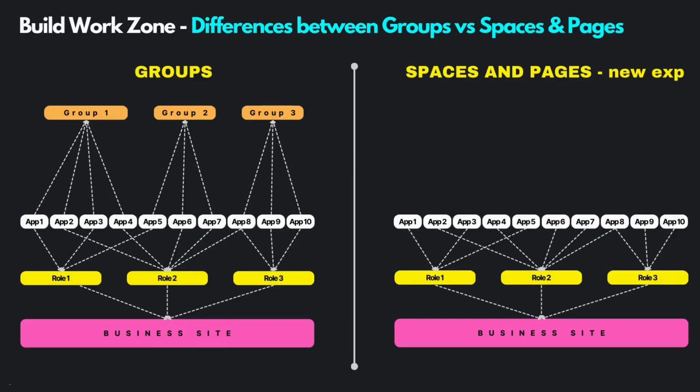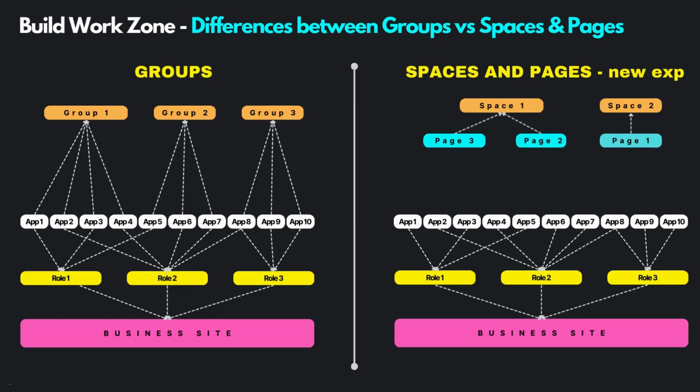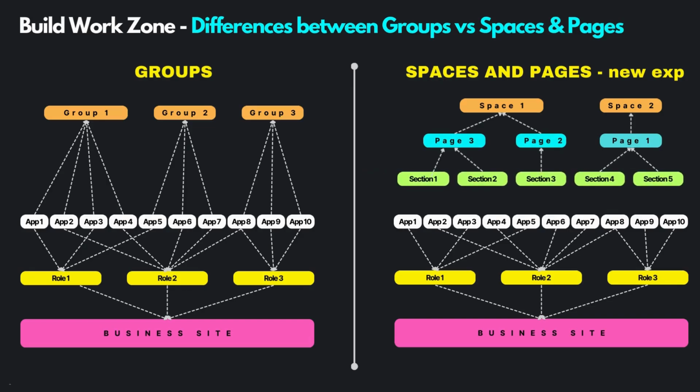Here, we will be setting up spaces, and within a space, we will have pages. Within each page, we have a section. And then finally, within a section, we assign the applications. The space is also going to be assigned to a role. So in the groups viewing mode, we had assigned applications into groups, and that had created our layout.